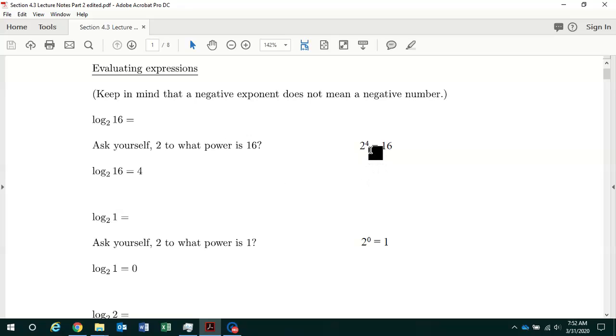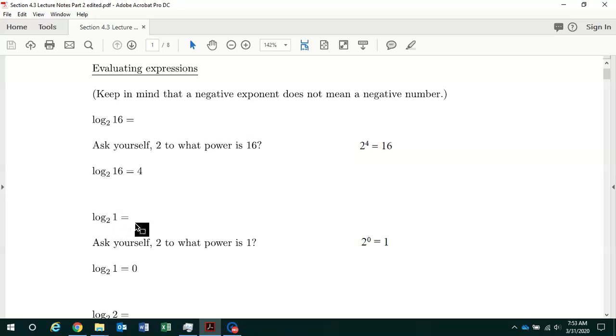The exponent 4 is expressed with the base of the exponential 2 and the value of the exponential 16. Remember, the base of the exponential and the base of the logarithm are the same. And the 4 on the right hand side of the logarithm is the exponent 4 over here in the exponential. So log base 2 of 16 has to equal 4 because 2 to the 4th power is equal to 16.